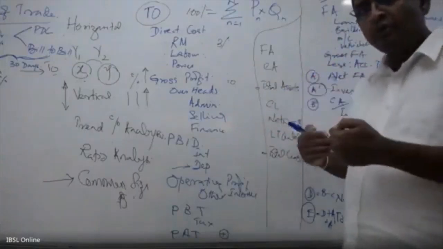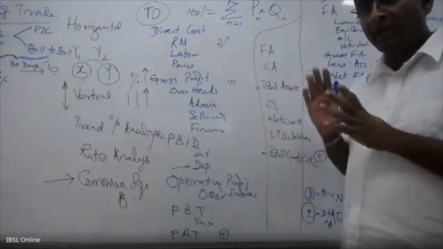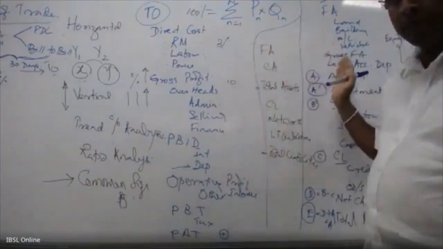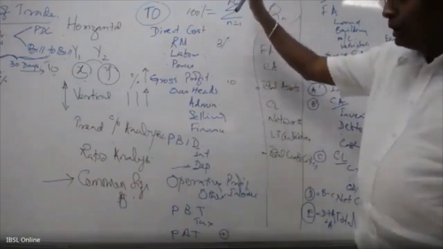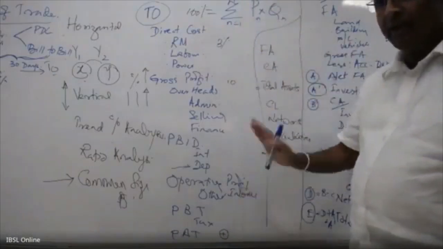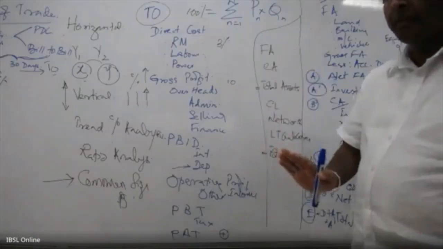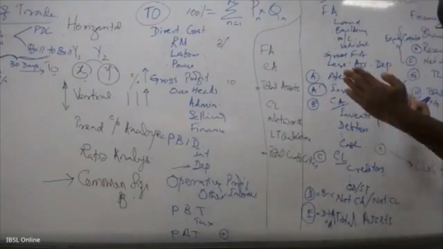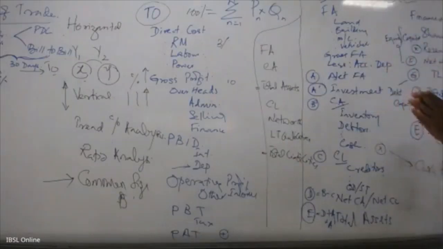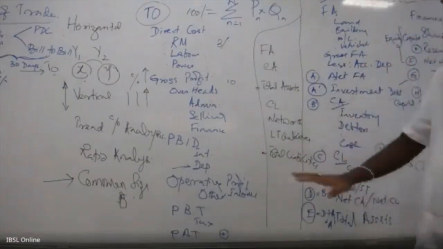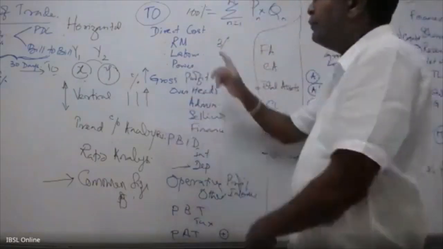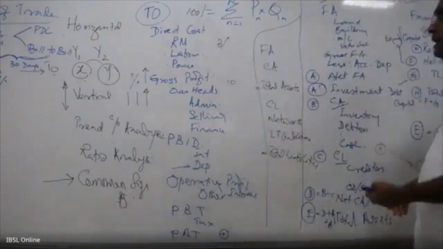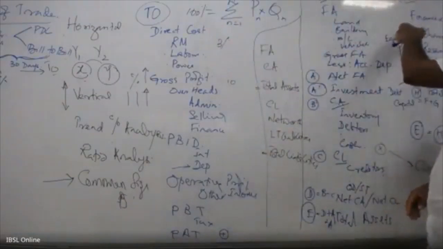But if you are preparing a ratio using figures from both statements, all the P&L figures can be taken as they are, but balance sheet figures you need to take as an average. Why? The P&L is for a year, but the balance sheet is for a day, as at a day.